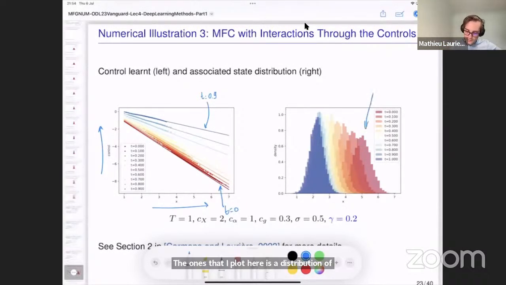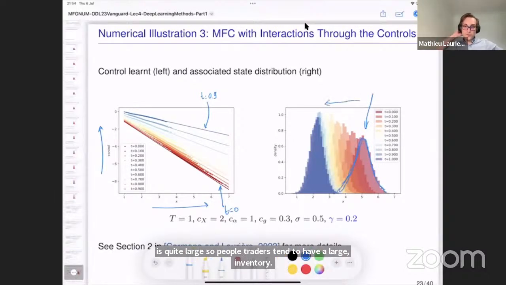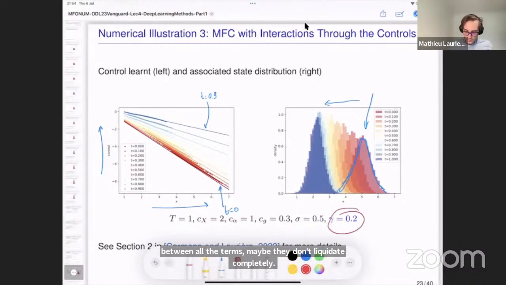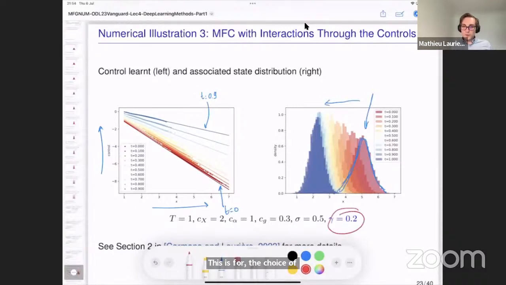And you see that at time 0, the position is quite large. So traders tend to have a large inventory. And then as time goes by, they liquidate and they have a smaller inventory. And here, because of the balance between all the terms, maybe they don't liquidate completely. This is for the choice of parameters given below, and in particular for gamma equals 0.2.